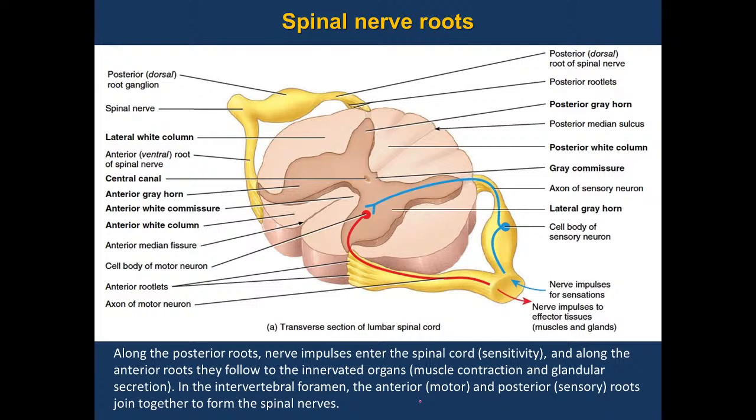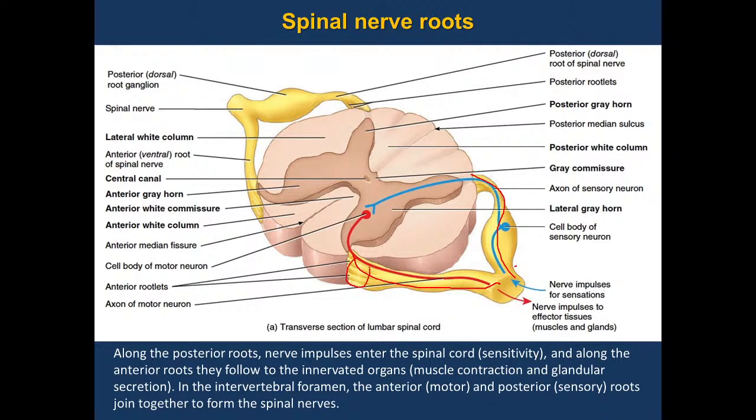This figure shows the relationship of the spinal cord to the spinal nerves. Near the spinal nerve's attachment to the spinal cord, a spinal nerve branches into a posterior and an anterior root.